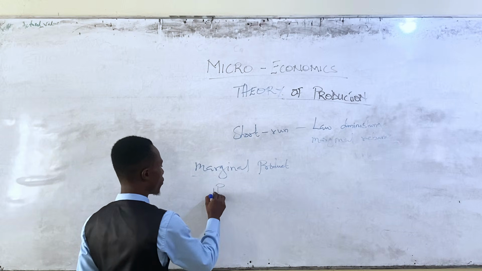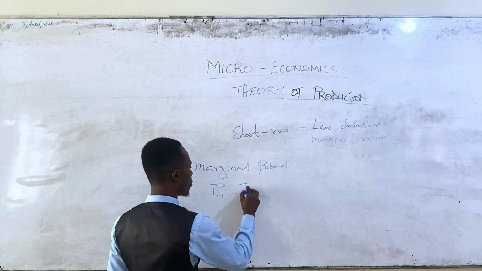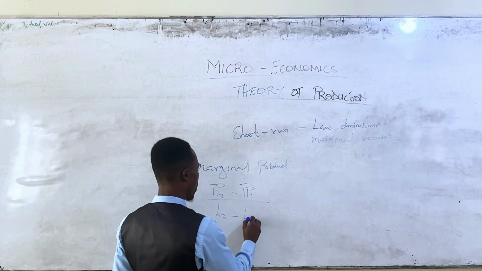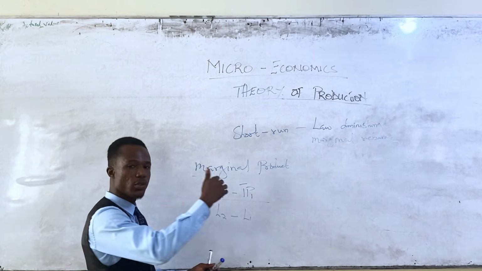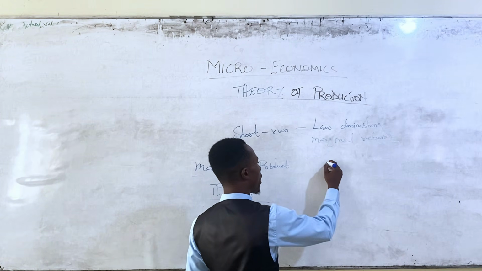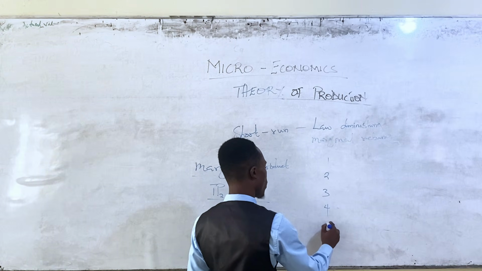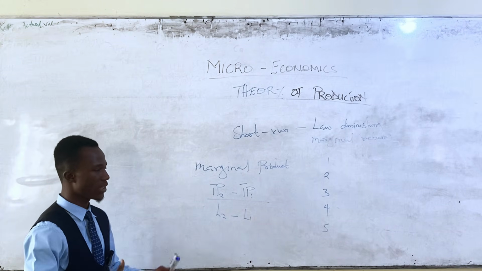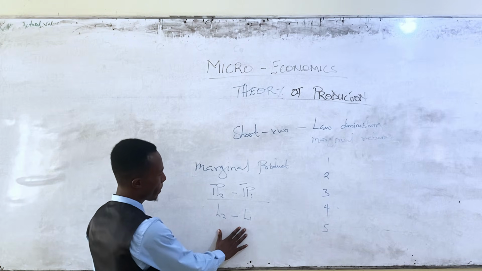So let's say you have total product at level 2, then you subtract total product at level 1 from it, over labor at level 2 minus labor at level 1. The difference between the labor is just 1, because you have a fixed land, and if you have labor 1, you employ 1, 2, 3, 4, 5, so you see that the difference between the labor is constant, just 1. So we are just going to get 1 here.